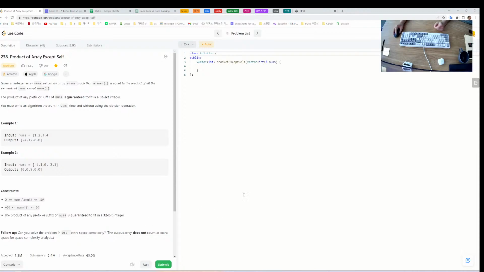Okay. First, let me think about how I can solve this without using division. Let's say 1, 2, 3, 4.